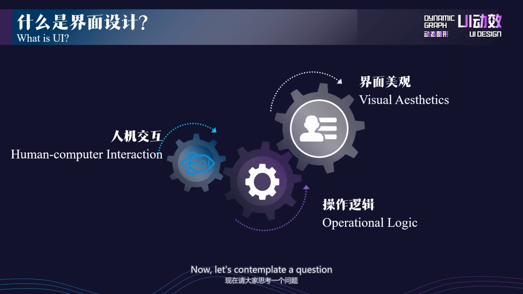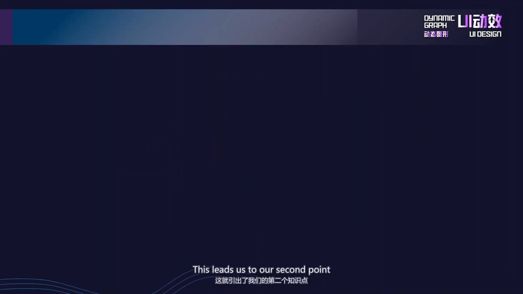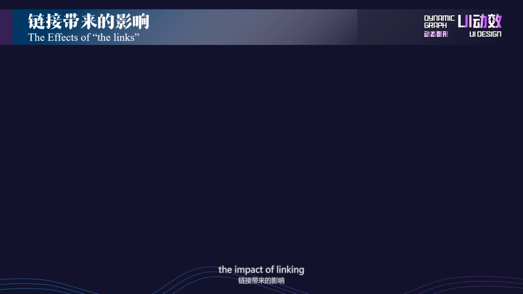Now, let's contemplate the question: what are the differences in expressing content between websites and applications and book posters? The answer is that websites and applications are interconnected through links, while books and posters do not have links. This leads us to our second point, the impact of linking.